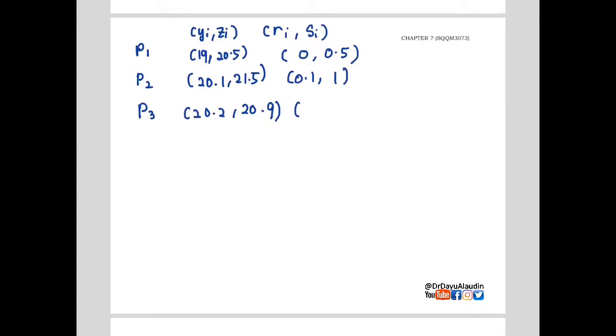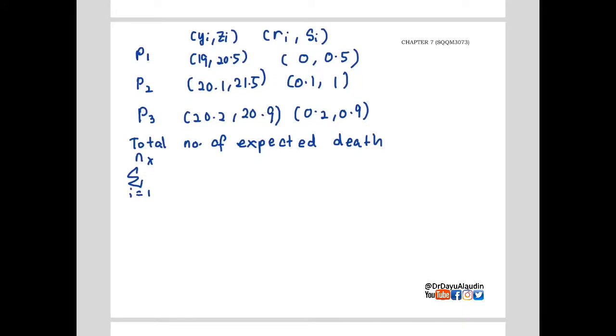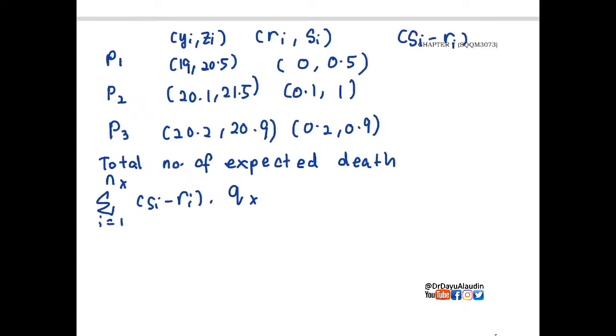For person 3, the entry is 20.2 and the exit is after the interval, so RI is 0.2 and SI is 0.9. The total number of expected deaths is SI minus RI times qx. So we add one more column, SI minus RI, which becomes 0.5, 0.9, 0.7.